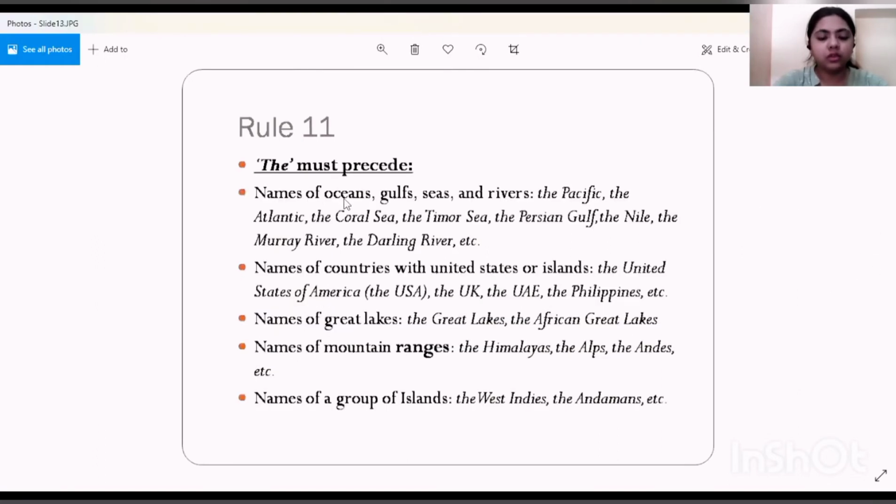Now, let us look at rule 11, which says that the must precede what all things or places or persons. In what all places do we use this definite article the?